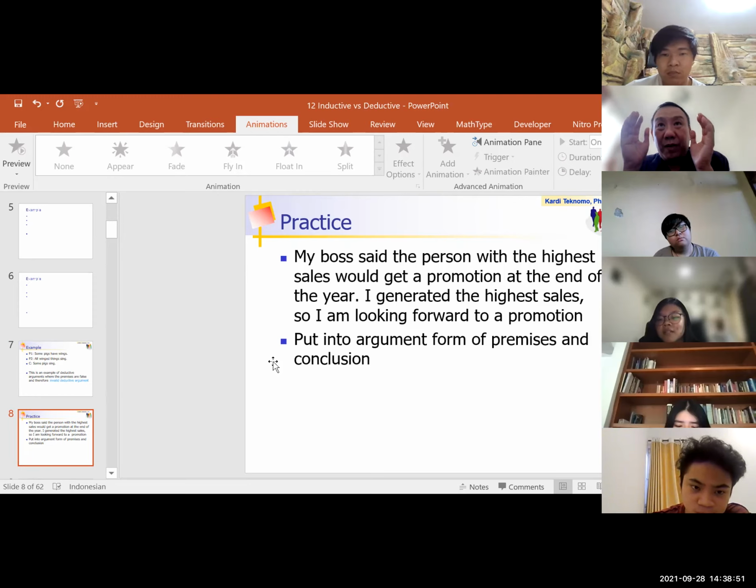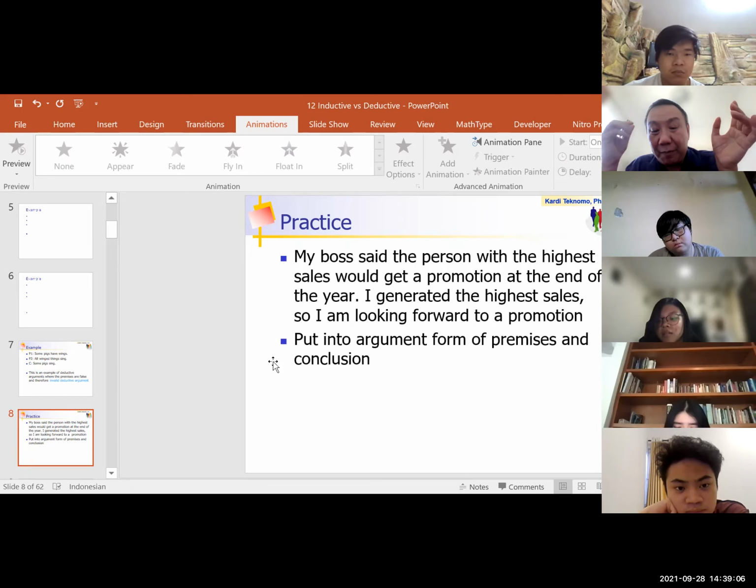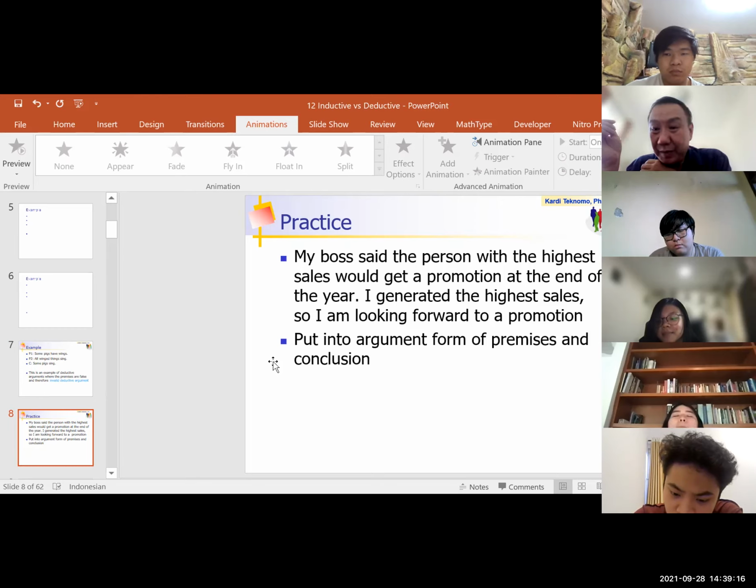If there is no probability, it is either true or false, then it is called deductive. But if you don't know true or false, then you assign some kind of probability to it. Then it will become inductive. Good question. Is there any other question?